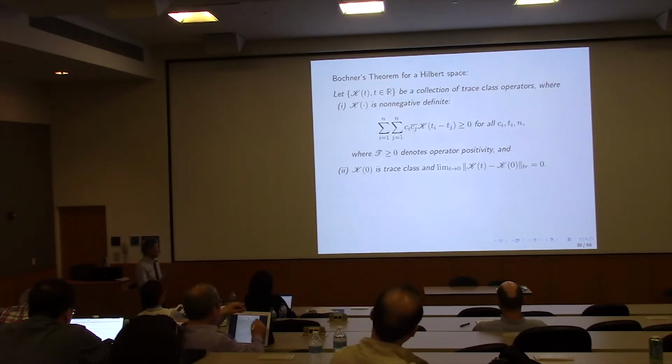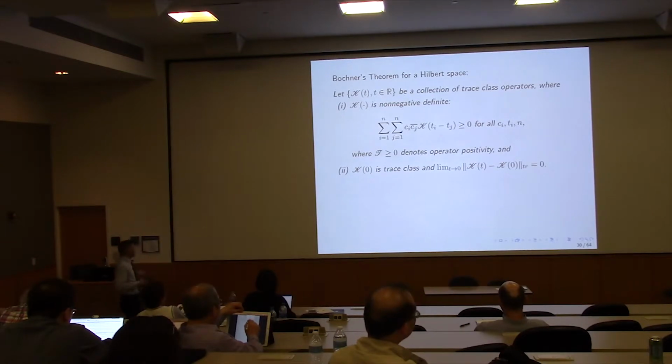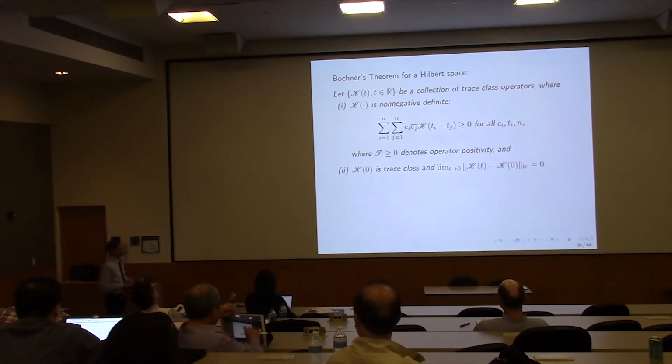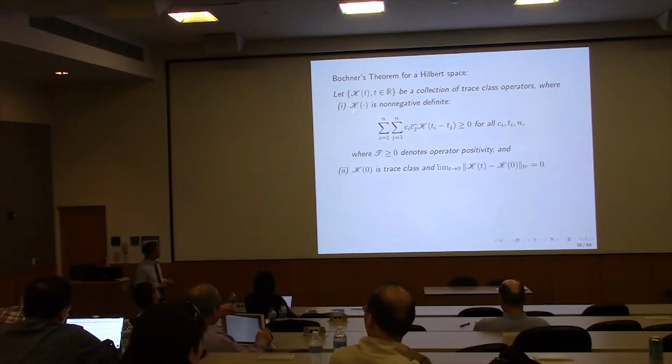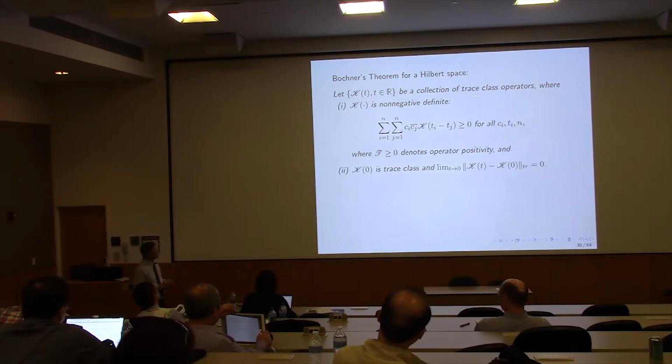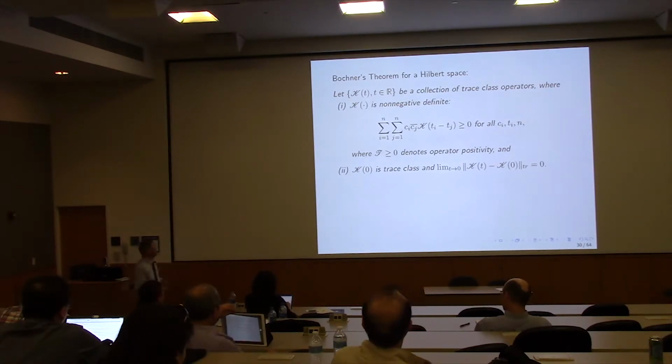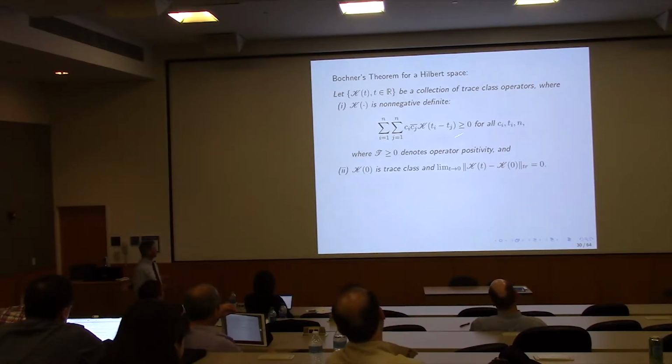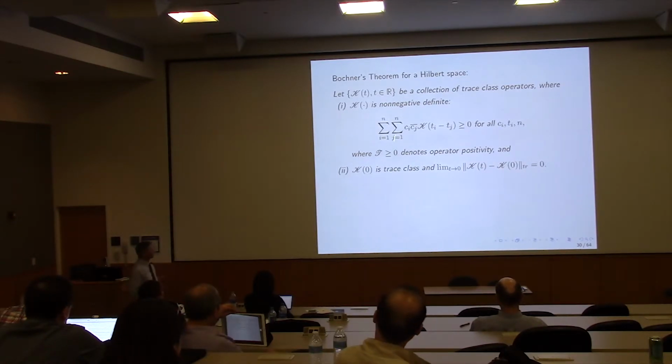Okay. Now, the next thing I'm going to do is to go to a function space and see what happens. And really, the story doesn't change very much. There's some background information you need to know about infinite dimensional spaces. So here, K is a collection of trace class operators. Right? And we have non-negativity, as in the matrix case, it was operator non-negativity.